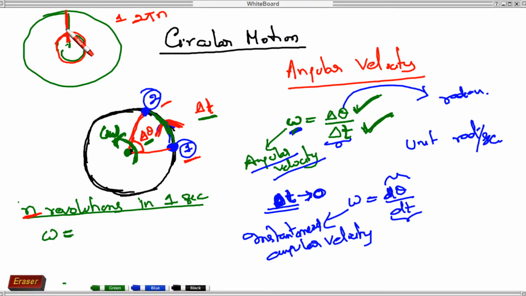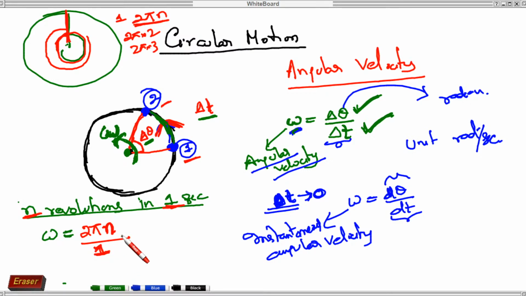In the second revolution it travels 2 pi into 2, in the third revolution 2 pi into 3. So in n revolutions the angle traveled will be 2 pi n, and the time taken is 1 second.